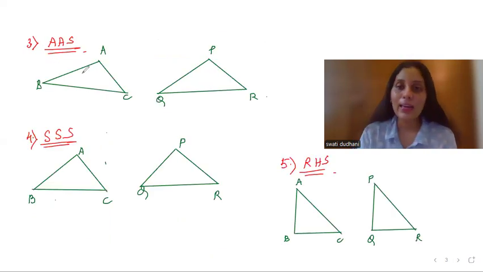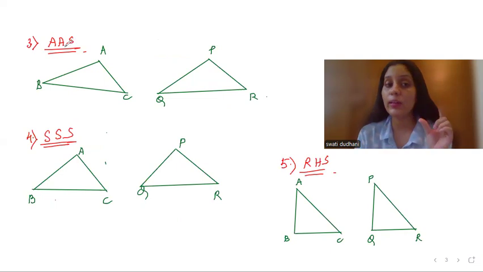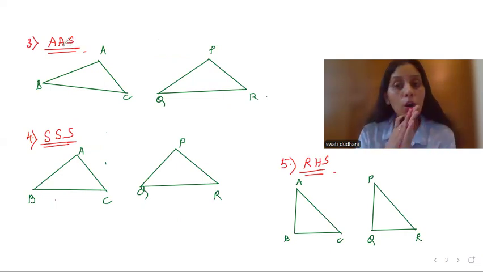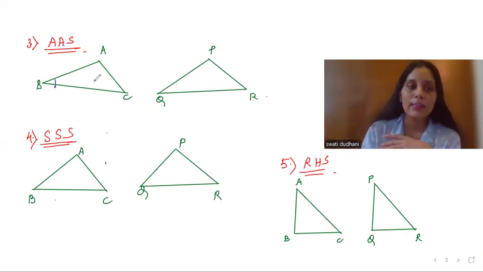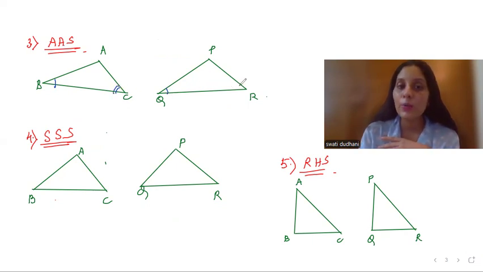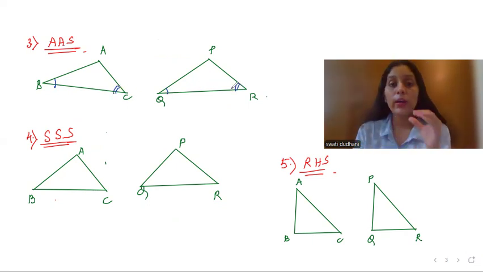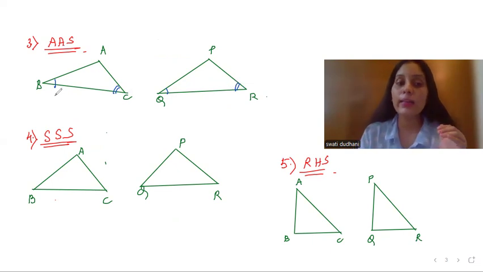AAS. Here again, two angles and a side. But here you can clearly see the side is not in between. It is any side. It should not be the included side. So let's say I take angle B is equal to angle Q, angle C is equal to angle R. So here my included side is BC and QR.